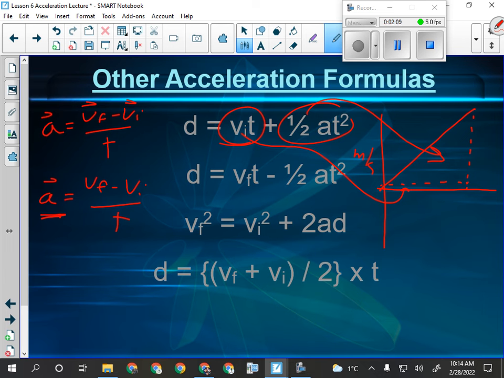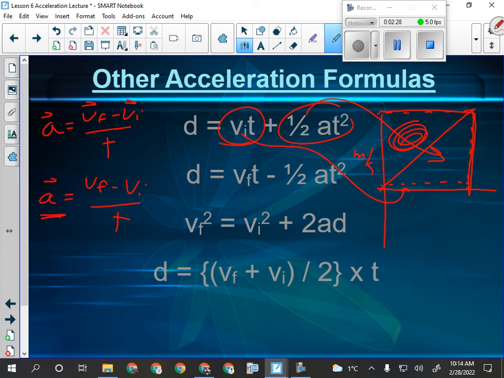This formula calculates the whole box and then subtracts this triangle, and still calculates exactly the same thing: the area between the line and the x-axis. So what we're going to look at today is using these other formulas.